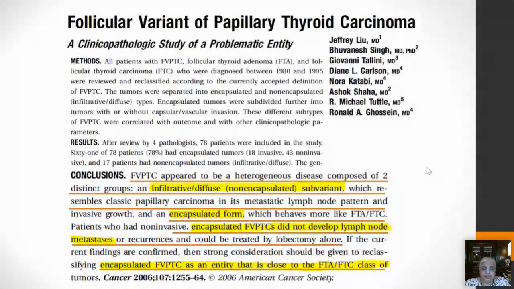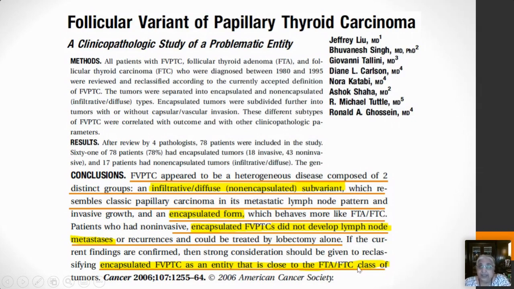And sooner or later came another paper that said that there are 2 kinds of follicular variant of papillary thyroid carcinoma. One is infiltrative and diffuse, and that behaves like a true papillary thyroid carcinoma. And the other one is encapsulated, and that is an entity that is close to the follicular thyroid adenoma and the follicular thyroid carcinoma.